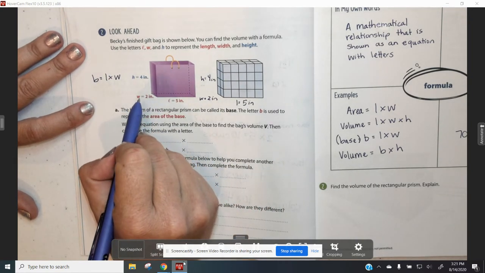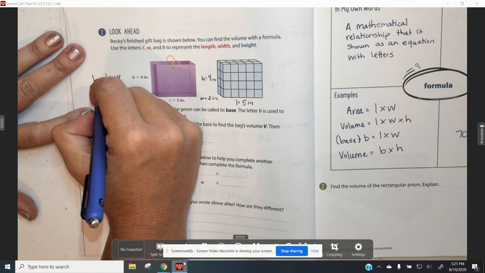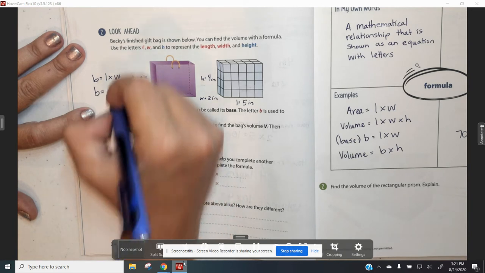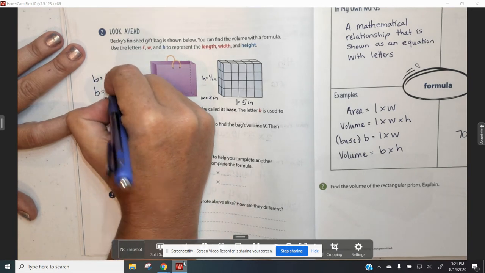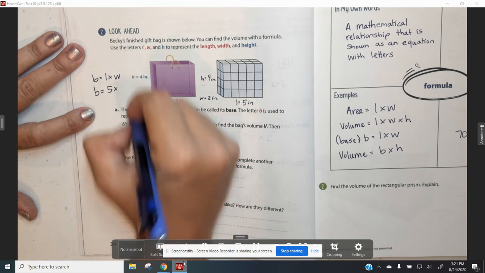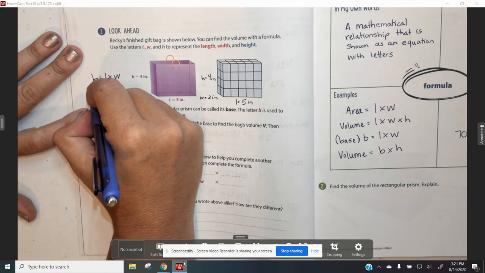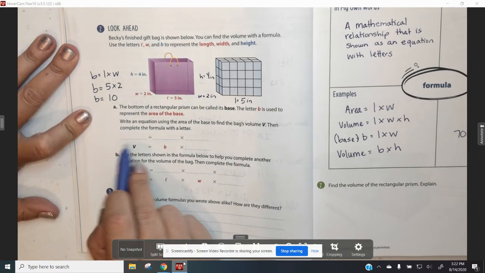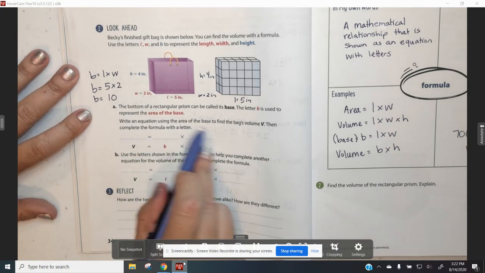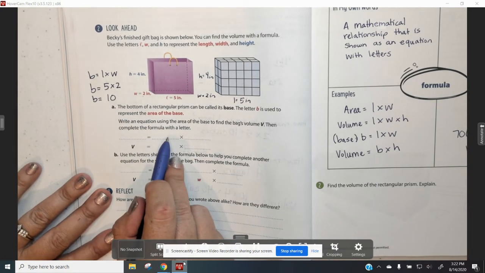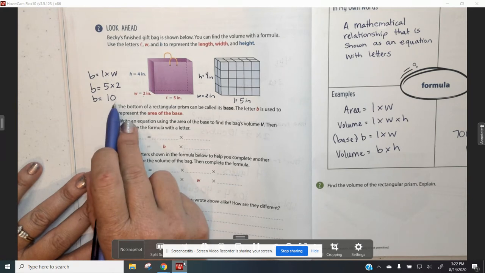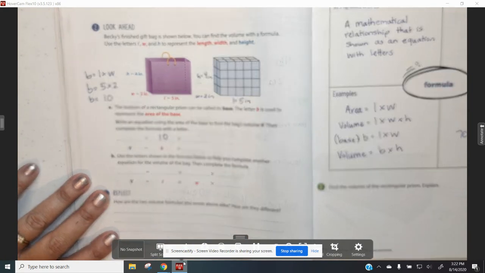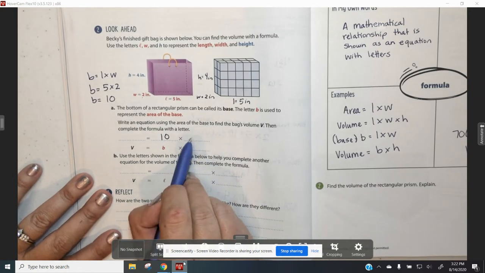So in this case, the base would equal the length, which is 5 times the width, which is 2. So we know that the base would equal 10. So if we're looking at this equation here, we know that the base is equal to 10. So we're going to put that 10 right where the base is in this equation.